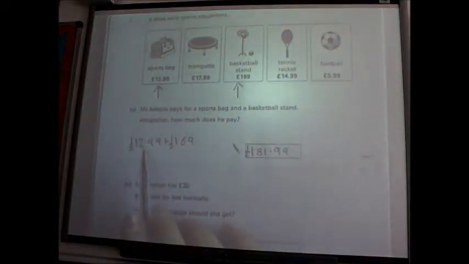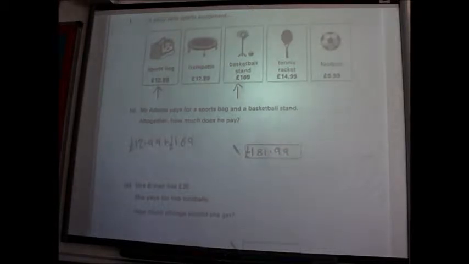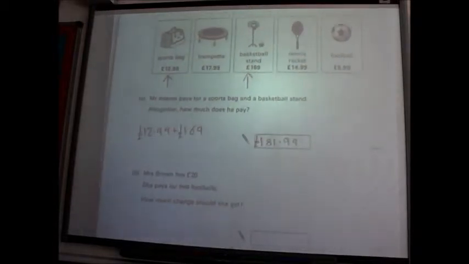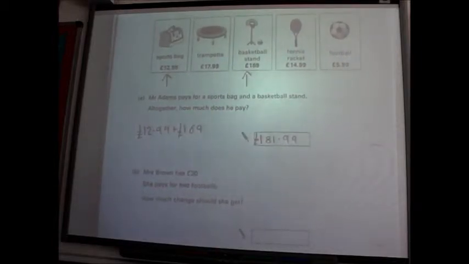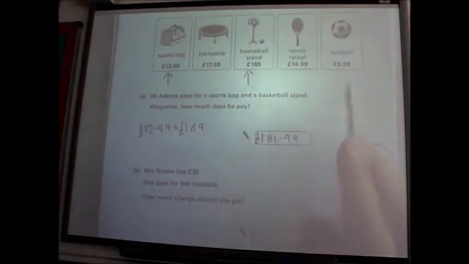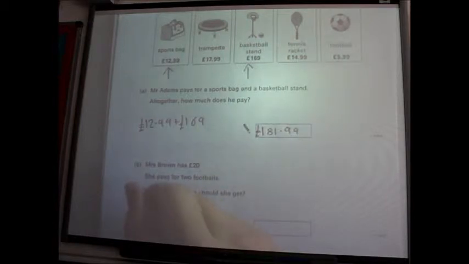You need to use your calculator to do that sum, and the answer is £181.99. Mrs. Brown has £20 and she pays for 2 footballs. How much change should she get? Well, the footballs are over here, so you need to do £5.99 add £5.99, which is £11.98.